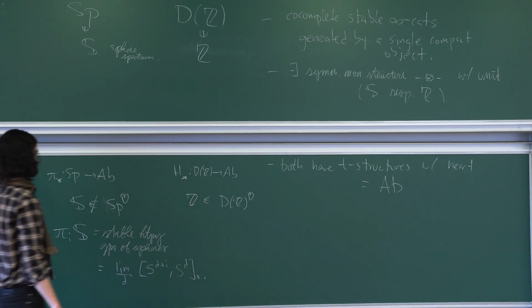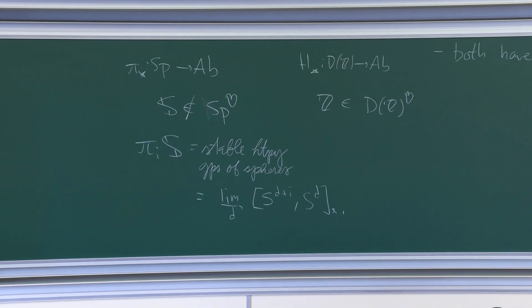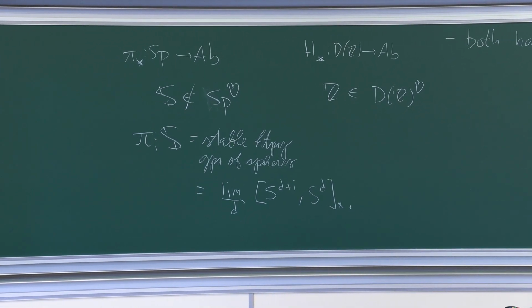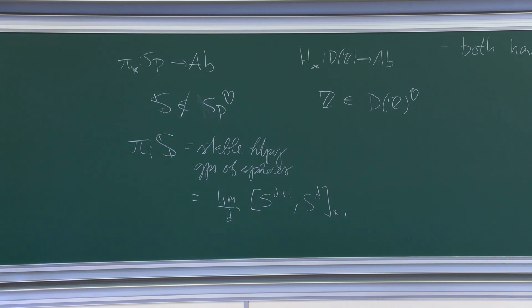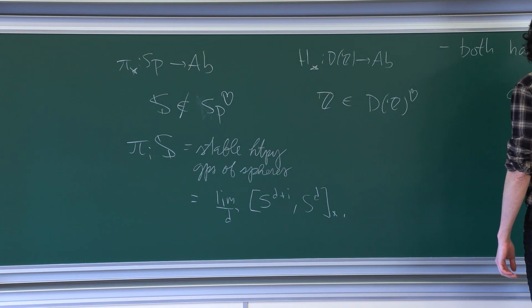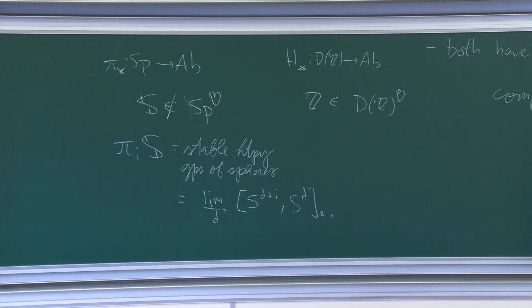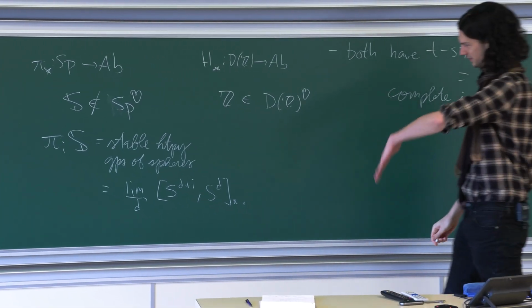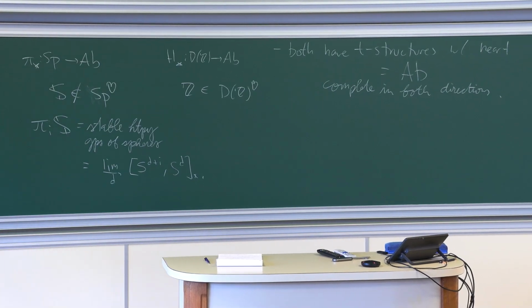Of course, there are also trivial t-structures, but usually the t-structures are good enough so that every object is kind of a limit of... They're complete in both directions. So everything is a limit of its Postnikov tower, and everything is a colimit of the dual thing.